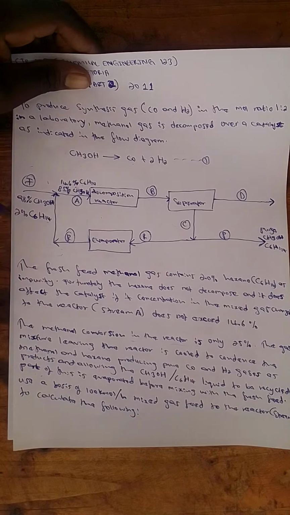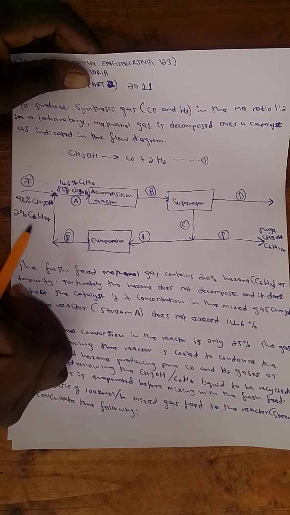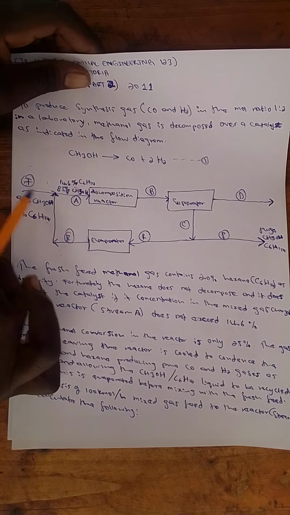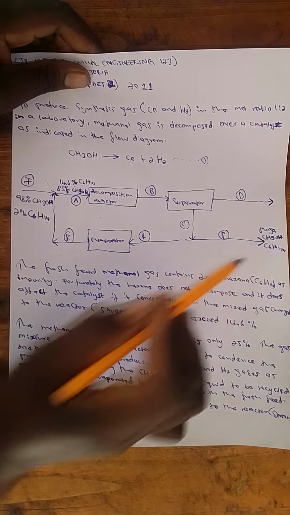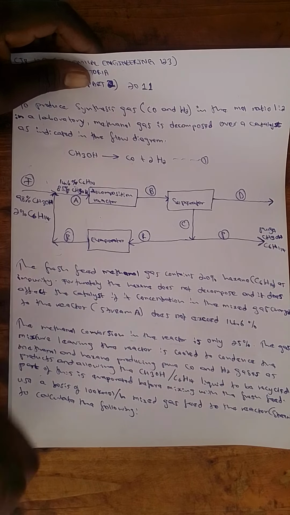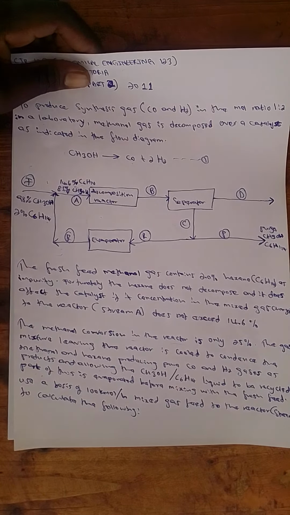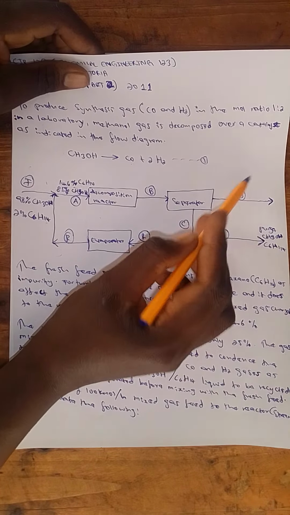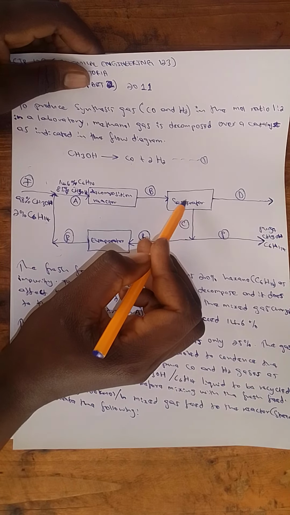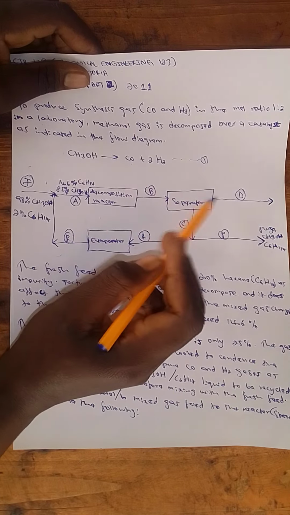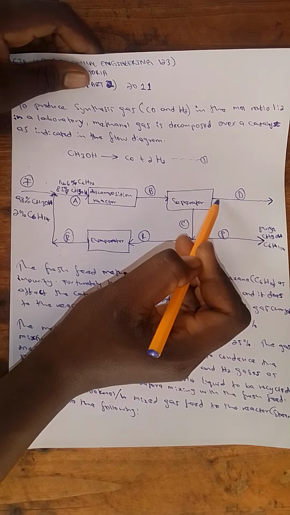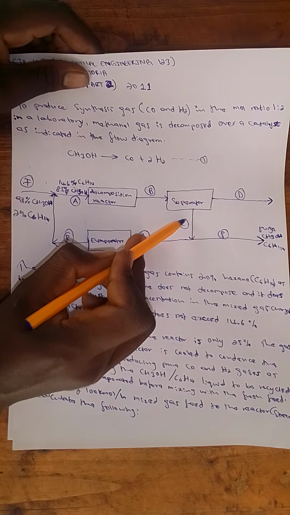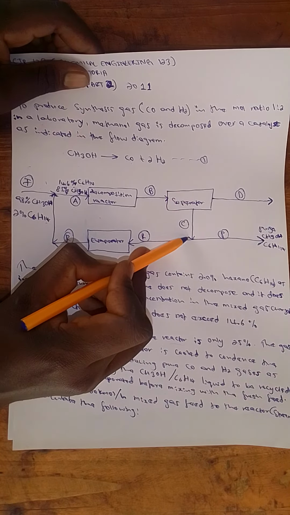This is because if you actually started in the first part, you'll realize that C6H14 is actually a tie compound, because all the C6H14 that comes here exits here. And we are told, there are a few things we need to remember, that C6H14 doesn't react and it doesn't interfere with anything. And also from the first part we calculated D, we know that in the separator only CO and H remain gases and they are discharged through D, and everything else, all the other gases become condensed into liquids and then they come down here.